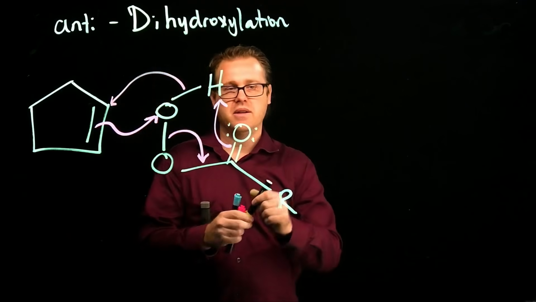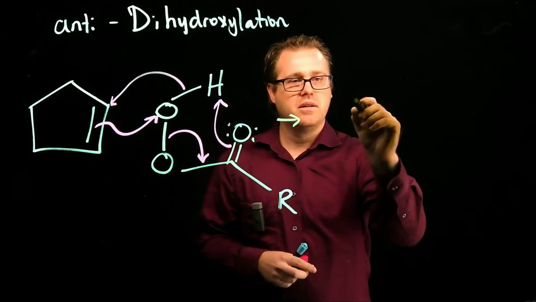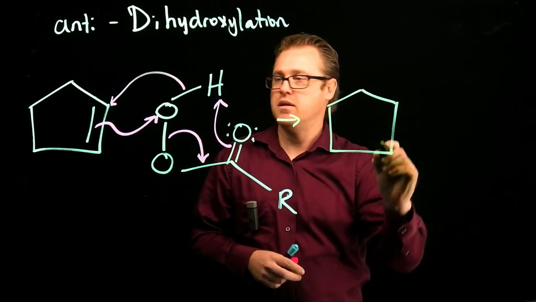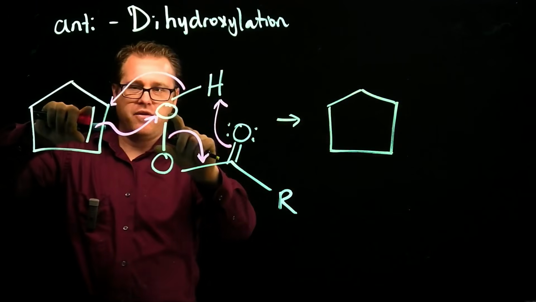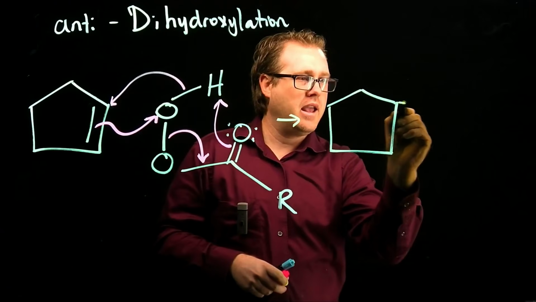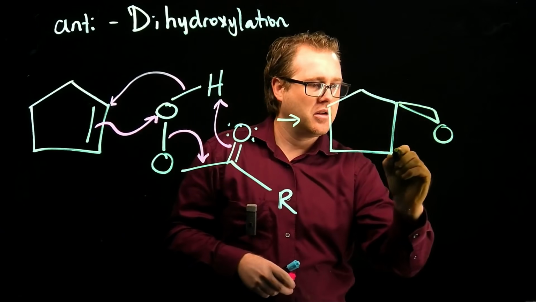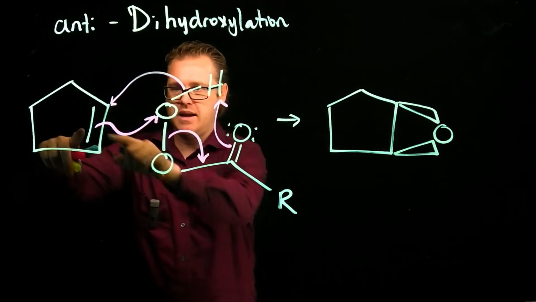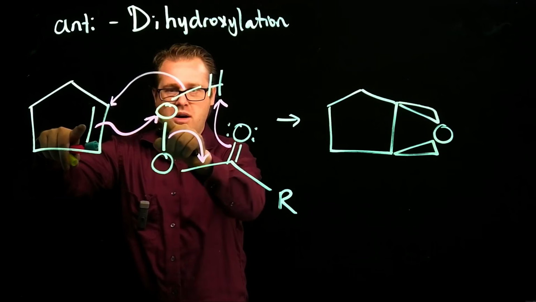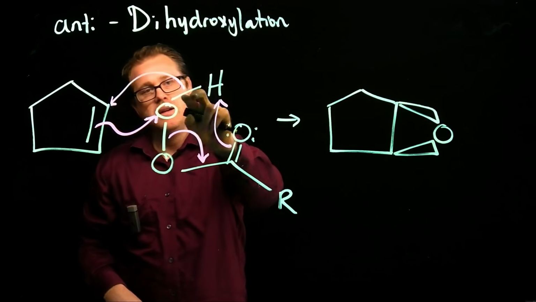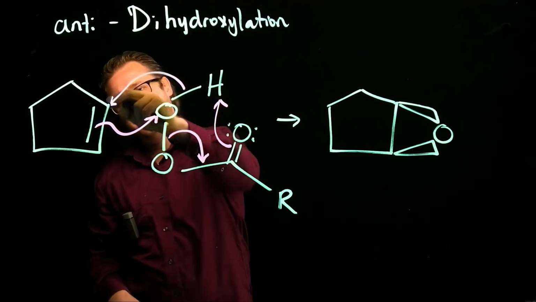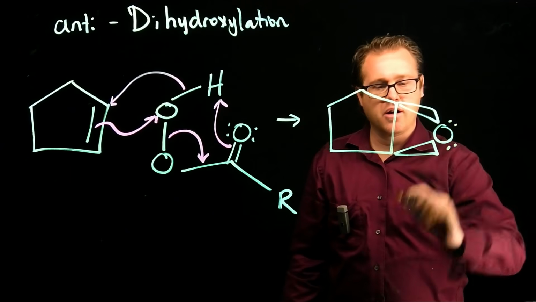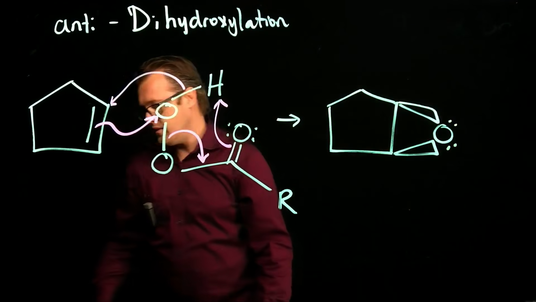So what's that going to give us here? That's going to go like this. We have now formed an epoxide. You see how this pi bond here forms a bond right there? And then the electrons right here come in to form the bond with the carbon as well. So here's our epoxide. Okay.